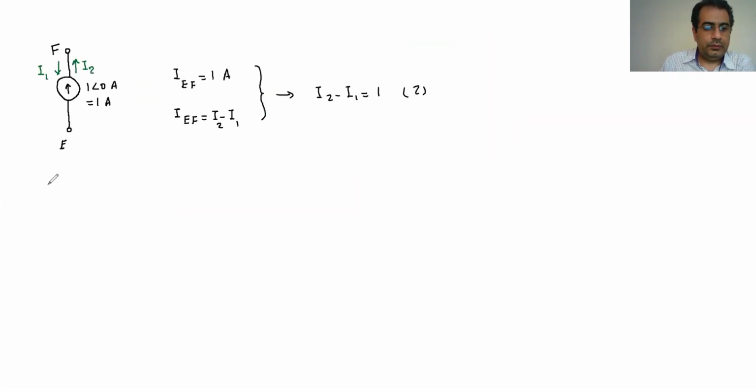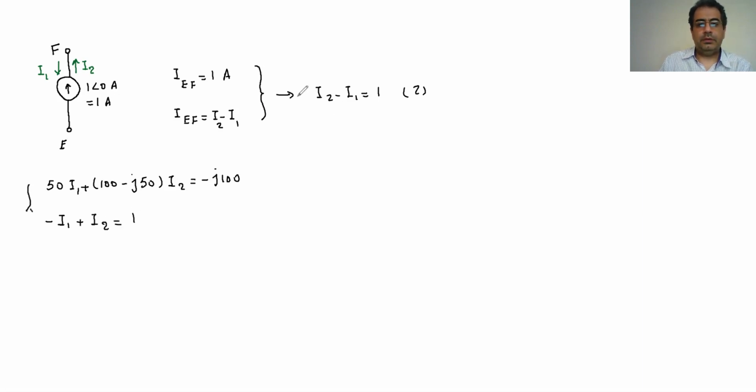Now if I write both of them together, I have 50 I1 plus (100 minus j50) I2 is equal to negative j100. And then I have negative I1 plus I2 is 1.